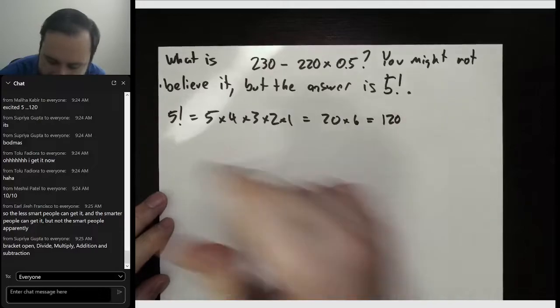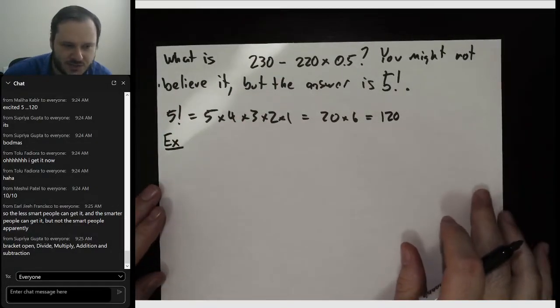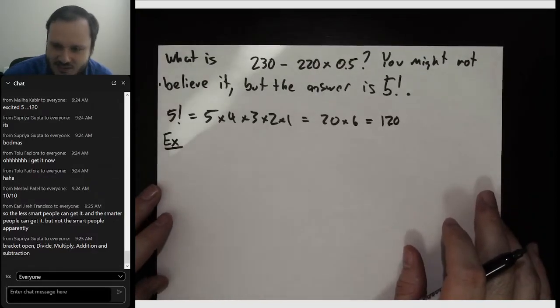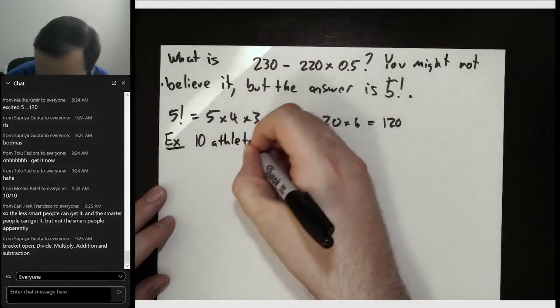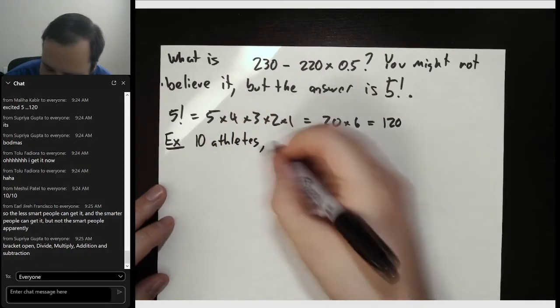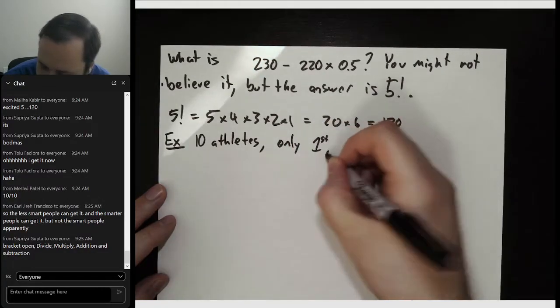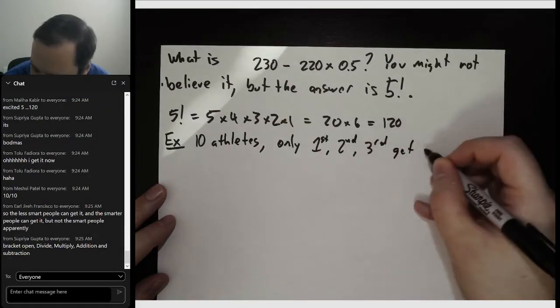Let's say we have 10 athletes competing. When I wrote this lecture, it was during the Olympics, but the Olympics are over now, so it feels a little dated. But we've got 10 athletes, and only first, second, and third get medals.